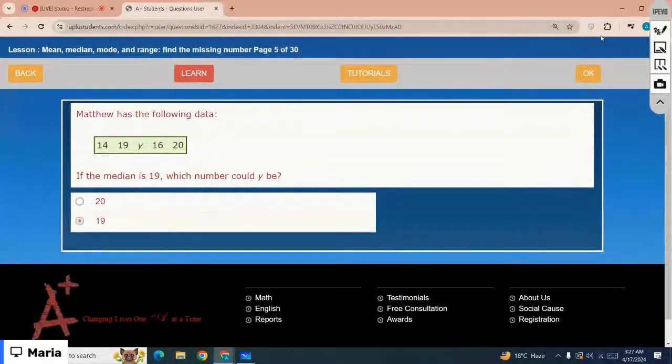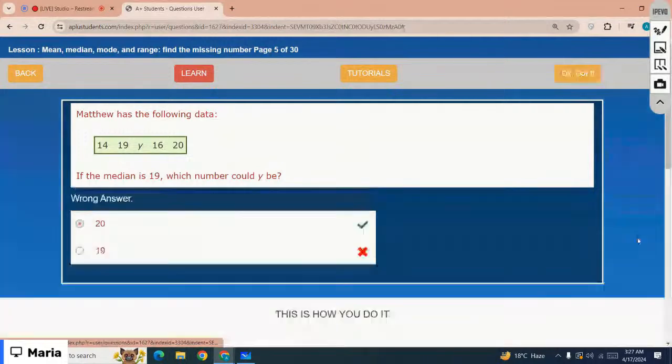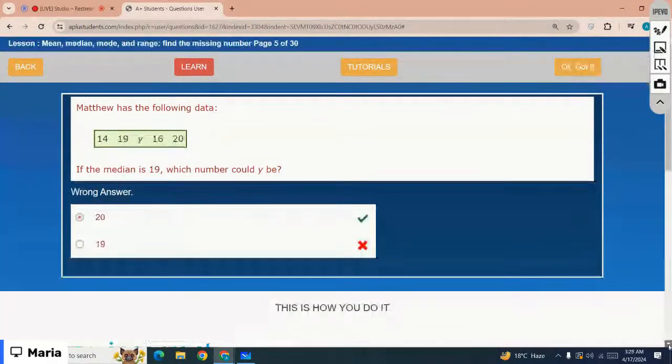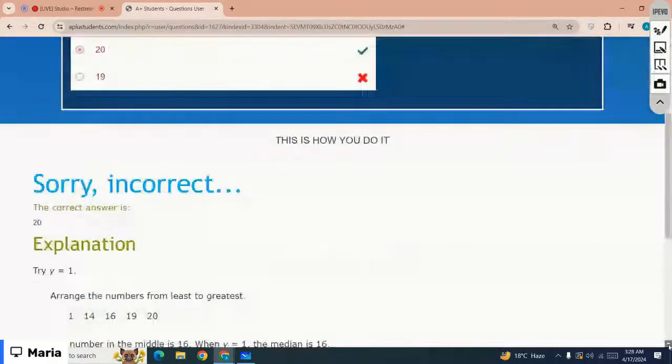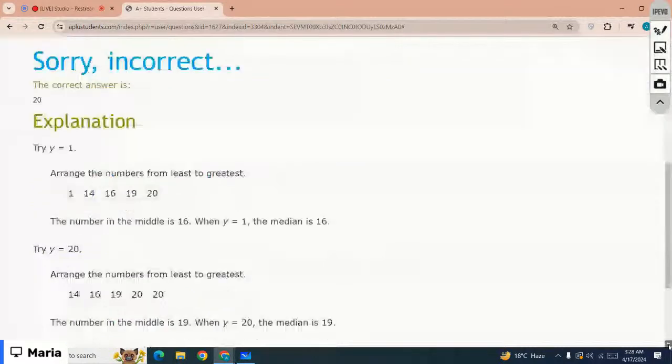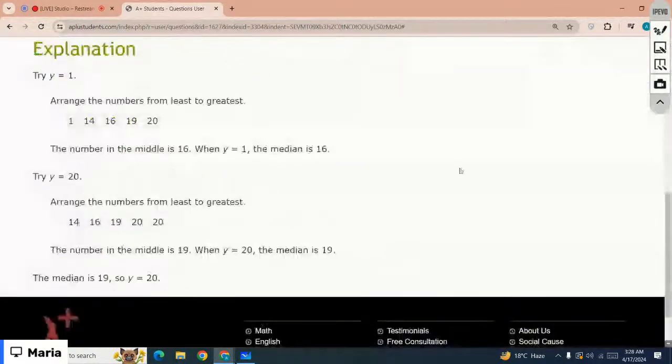Let's see, again this question, here you have a mistake, right? It is 1. Y equals 1. You can see here the option y equals 1, right? If you replace the 1, not 19, then in this case the median is 16, right? So the correct option is 20. There is a mistake with the options here, right?